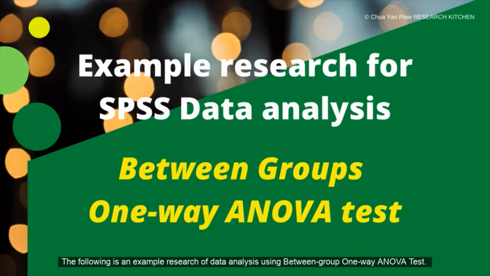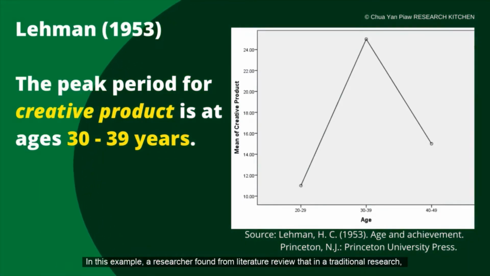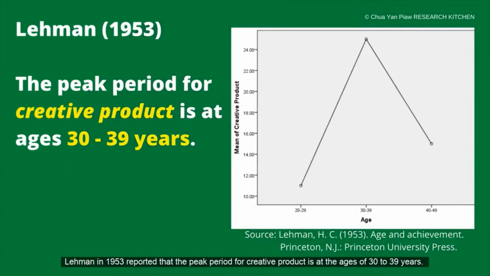The following is an example of research data analysis using the between-group one-way ANOVA test. In this example, a researcher found from the literature review that in a traditional research, Mann in 1953 reported that the peak period for creative product is at the age of 30 to 39 years.